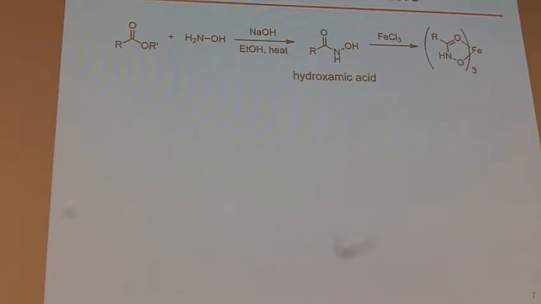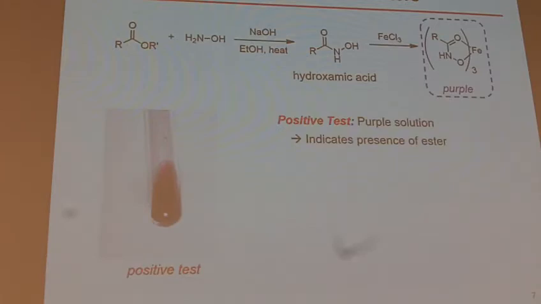The hydroxamic acid, you can't see a difference between it and your reactants. So what we have to do is add ferric chloride to it, and it forms a complex with the hydroxamic acid, and then you get a purple color, which is then the positive result for the ester. This test involves a lot of steps, so you want to make sure that you go through it really carefully and make sure you follow all the steps, okay?